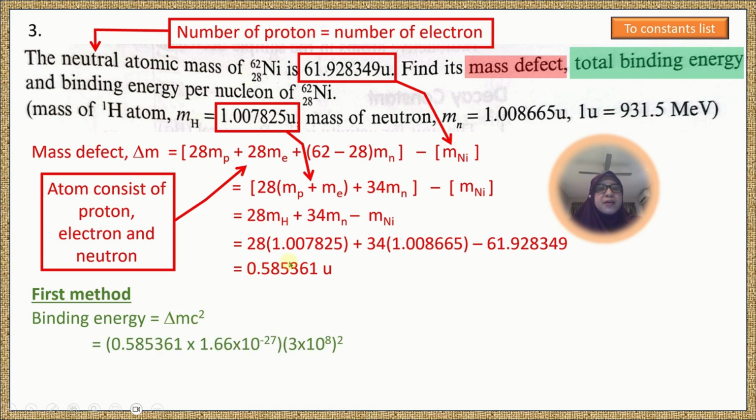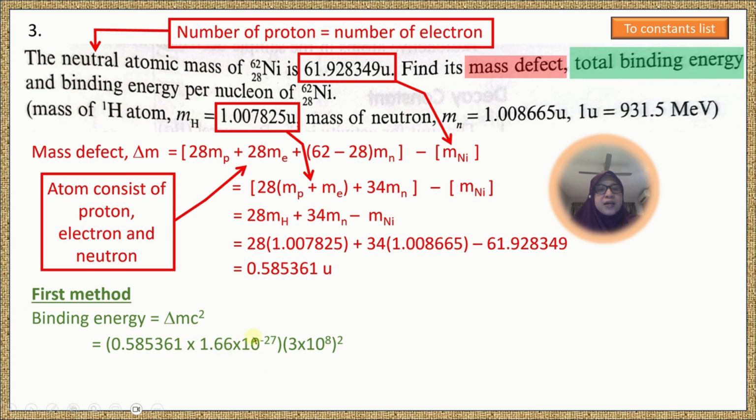The mass defect calculated just now is 0.585361 U, and then the unified atomic mass unit is converted to kilograms. 1 unified atomic mass unit is equivalent to 1.66 times 10 to the power of negative 27 kilograms, then times the speed of light squared.